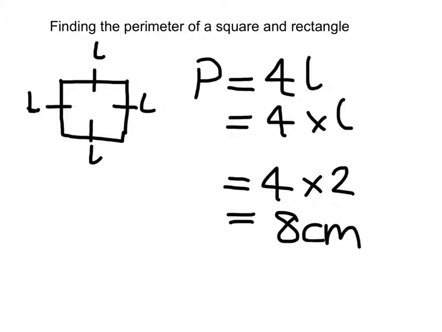So if you added up each one of them, 2 plus 2 is 4, plus another 2 is 6, and then plus the other 2 is 8. So this is just a more shortened way of doing it. But you can choose either. You can either add up the sides individually, or you can multiply.